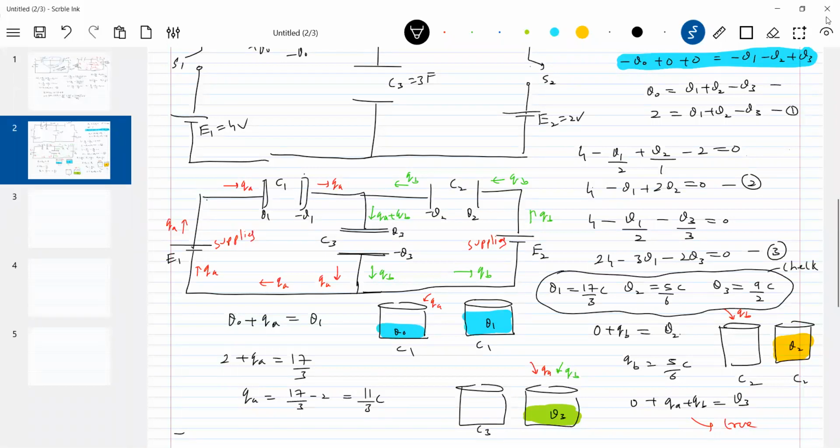Correct only, sir, those values. These values have to be this particular thing. Yes, sir, it's correct only. Satisfying 3.